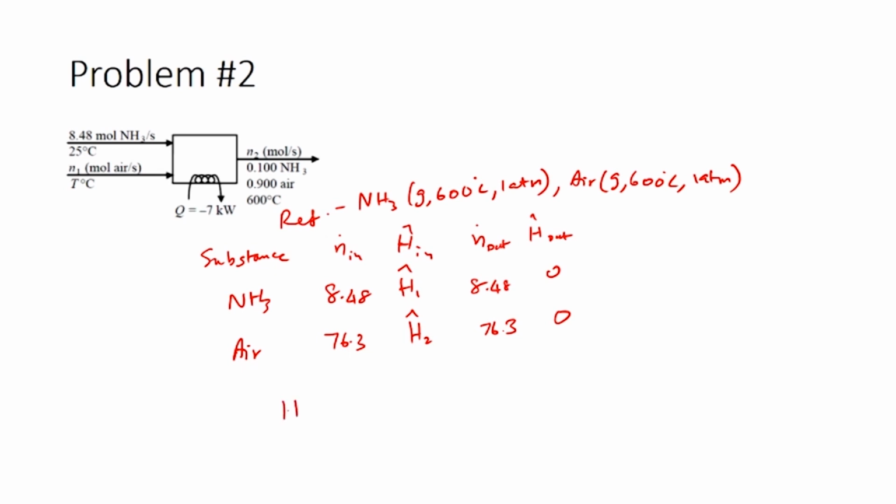H1 cap would be equal to the integral from 600 degrees Celsius to 25 degrees Celsius of Cp of ammonia dT. So, this would be a numerical value which you can calculate. Using the Cp value of ammonia, this can be calculated as minus 25.62 kilojoules per mole.